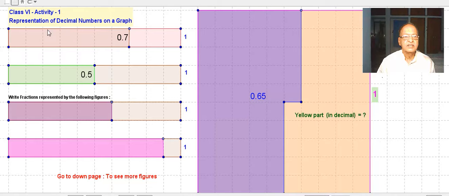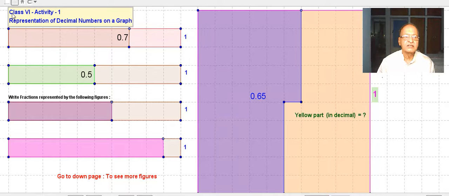We have taken this rectangle strip. Divide this into 10 equal parts. It is very important. So on graph paper, you cut a strip whose length is 10 centimeters and width is just 1 centimeter.